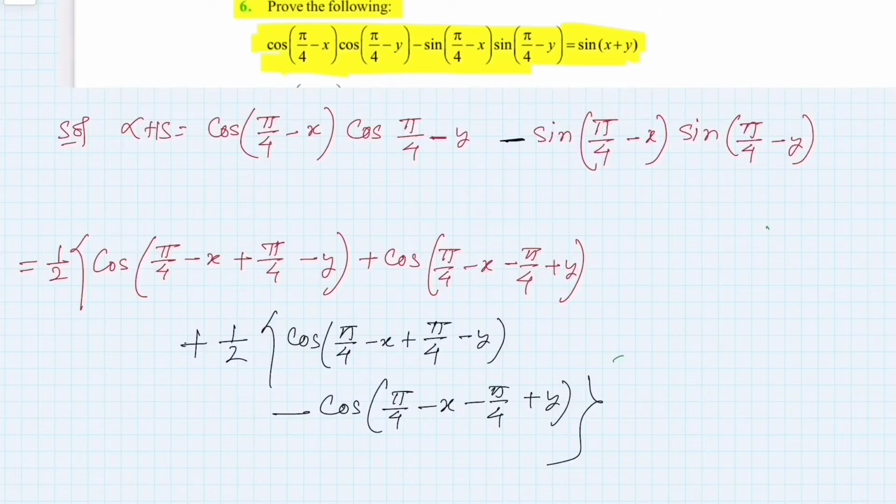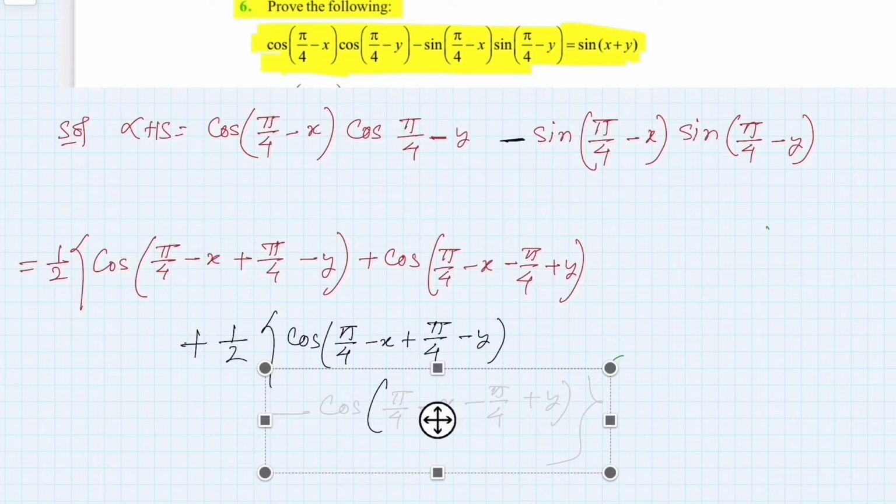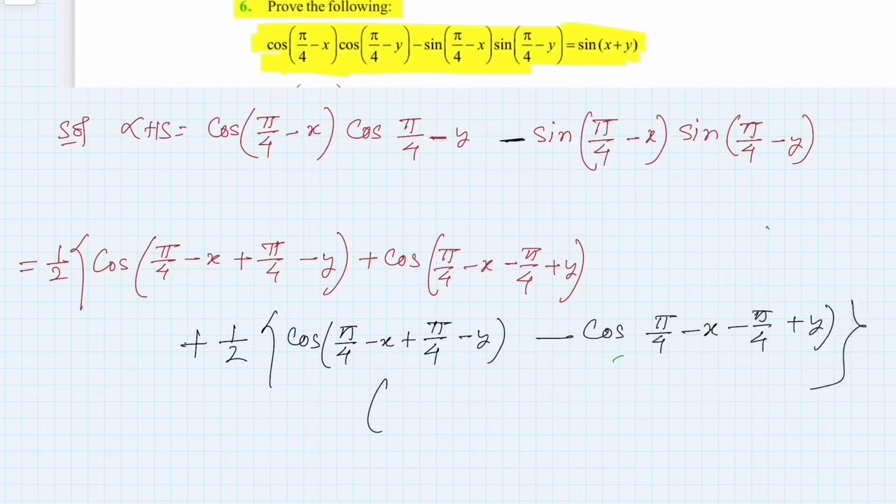Let me write this one here. Now let us simplify.